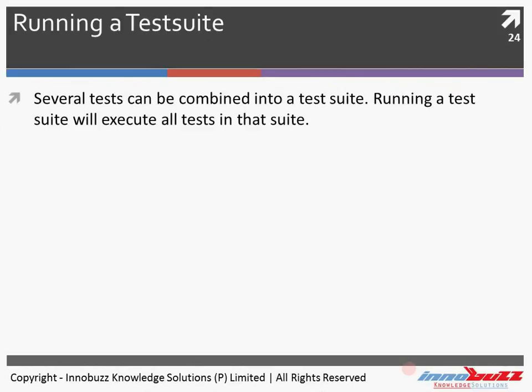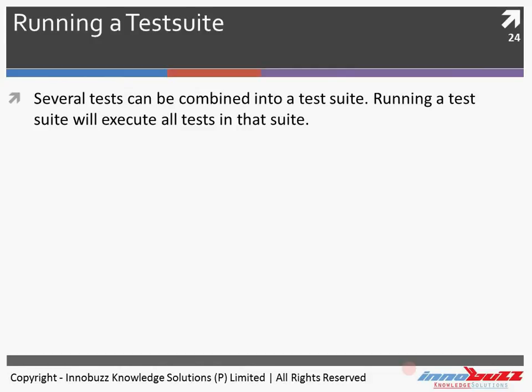It's nothing but several tests combined into a test suite. Running a test suite will execute all tests in that suite. Suite is a basic general English word, which says obviously you can combine everything. It's a class consisting of all your test classes, executing all at a time in a so-called suite.